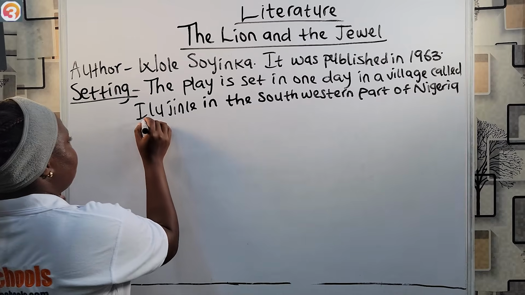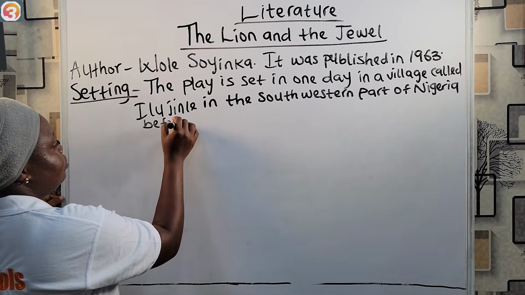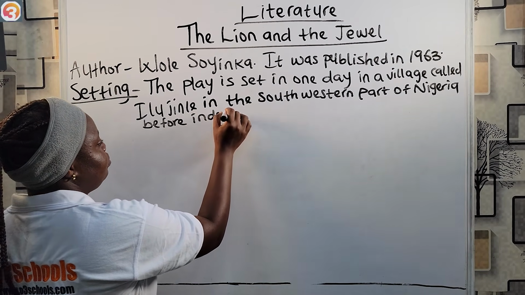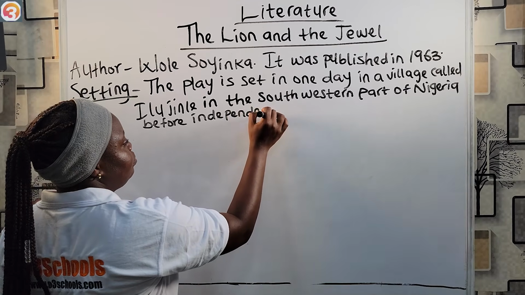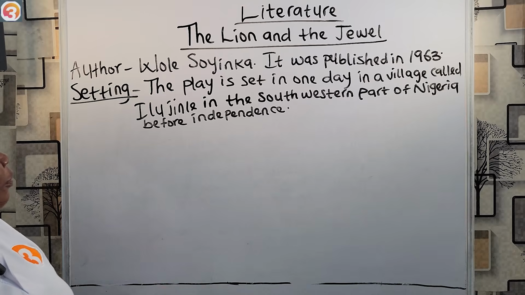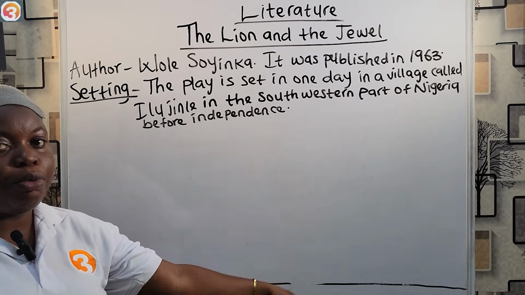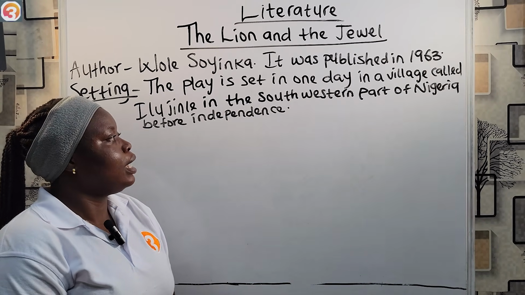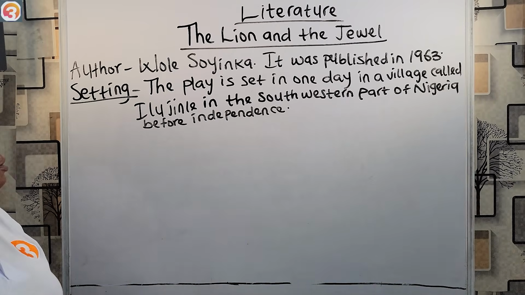And this was before independence. So that's the setting. The book is set in a village called Jinle, and the entire book happened in one day, and it was before independence.